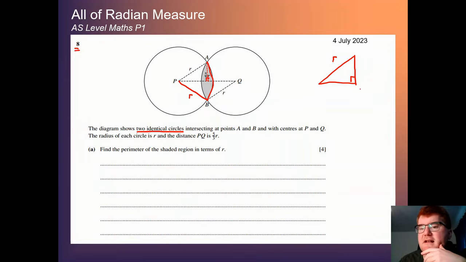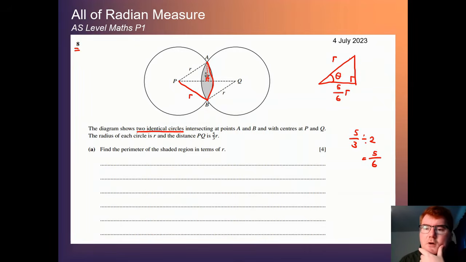However, the entire length across the bottom is 5/3 R, so this length must be half of that, which is 5/6 R. Remember, 5/3 divided by 2 is equal to 5/6. That's why I've taken this specific triangle, because it allows me to work out this angle here.